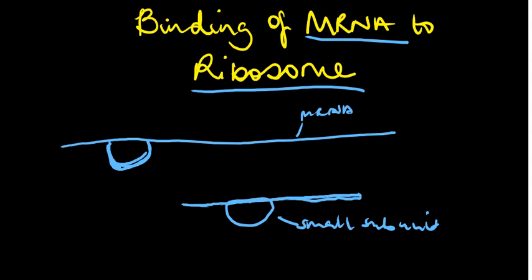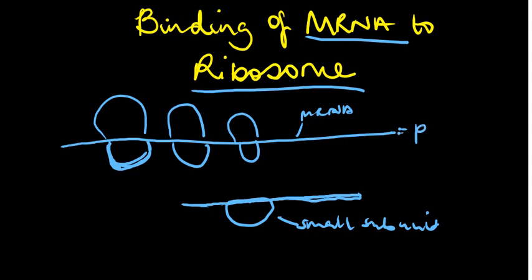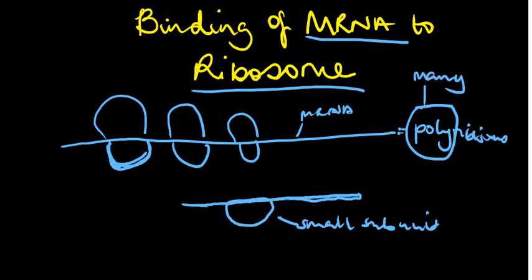Okay, so when you see many ribosomes attached to the messenger RNA, we call this a polyribosome. Like you can see from the name polyribosome, poly means many, so many ribosomes attached to messenger RNA is what we mean when we say polyribosome.